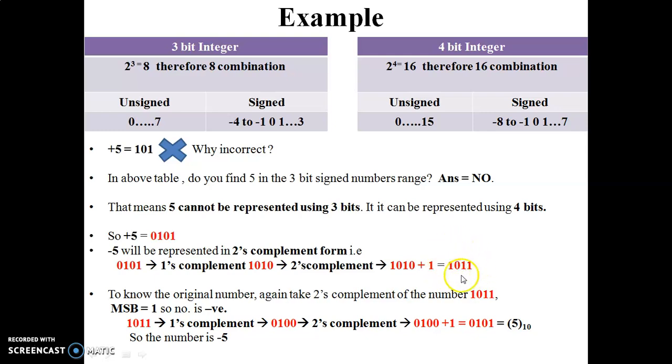Now when the number is 1011, the MSB is 1, that means the number is negative, right? Take the 2's complement form of this 1011 now, which becomes 0101. That means it is -5. So this is the example.